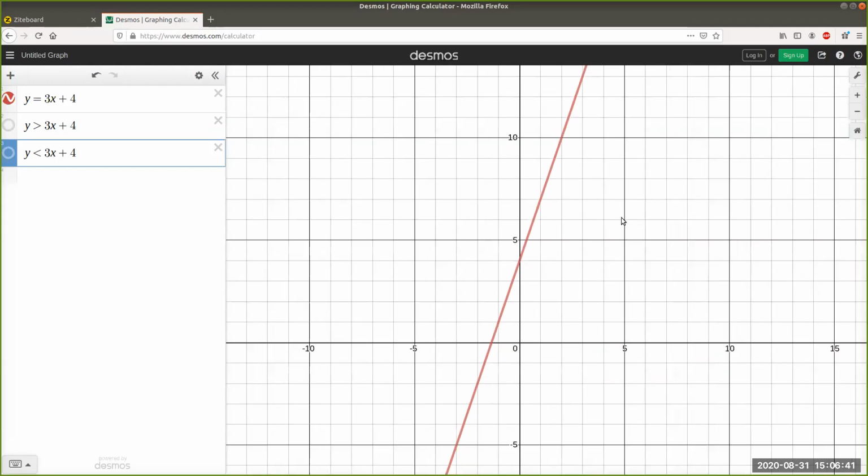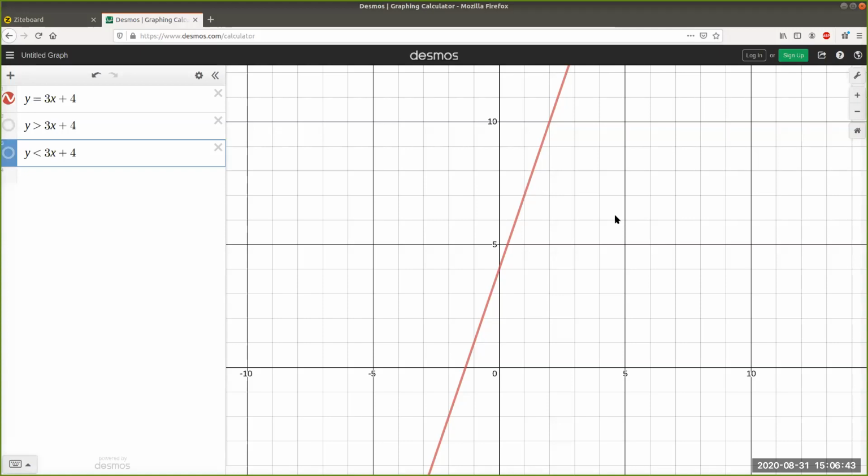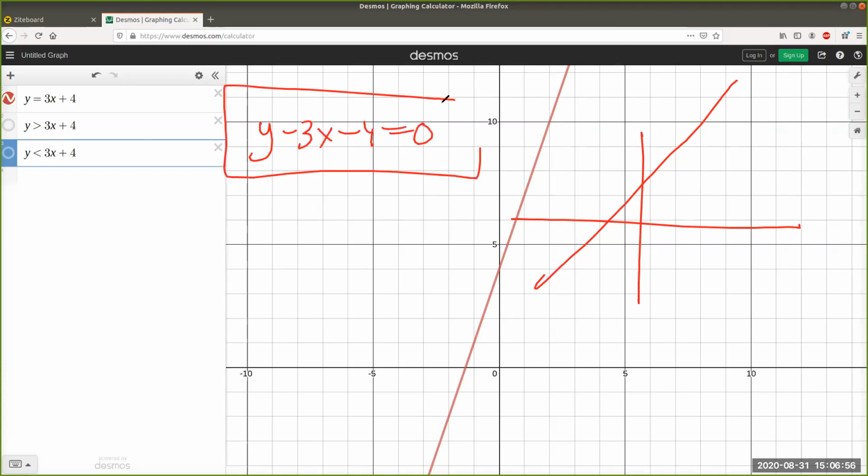For example, look. You can easily see y equal to 3x plus 4 is going like this. So if you write y minus 3x minus 4 is equal to 0, this is the equation of the line. Now, if you put 0 comma 0 in this, what value do you get?